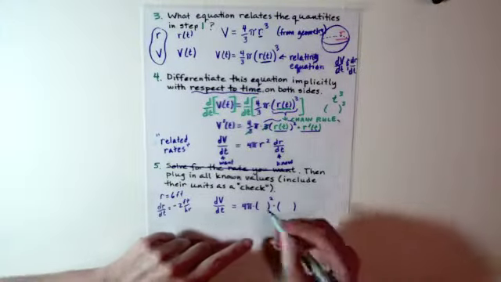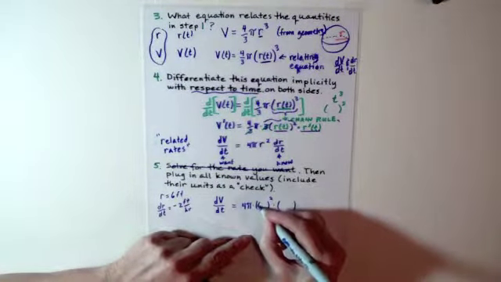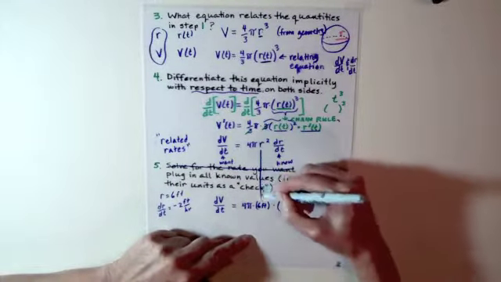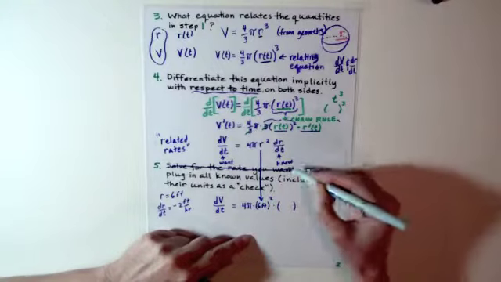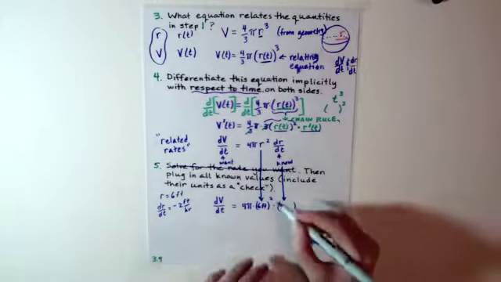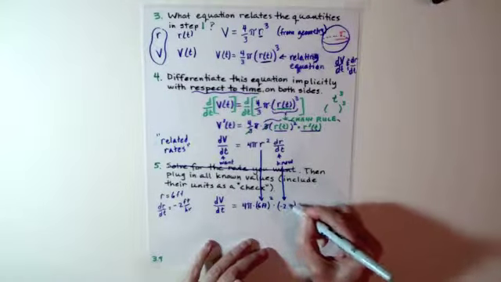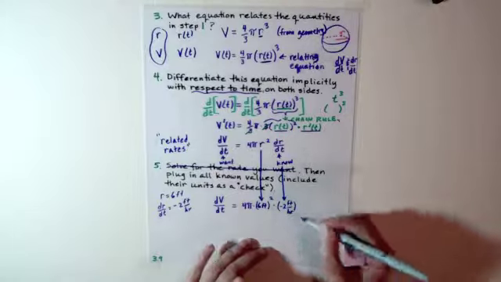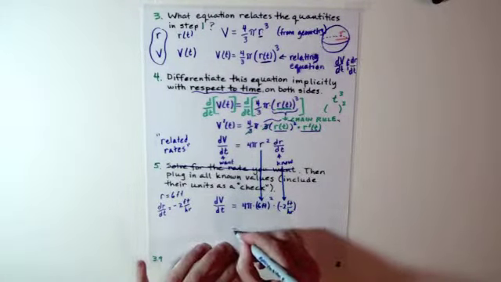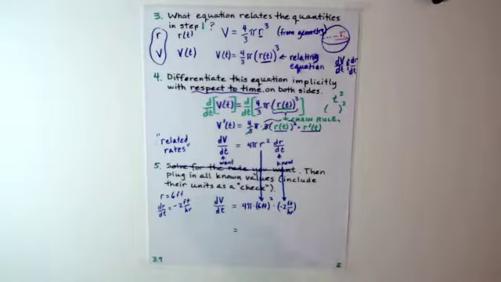So I'm going to put in 6 feet for r. So that's plugging in for r. And dr/dt was the rate that we were given. We were told that was -2 feet per hour. And I've included the units here, and I do that to make sure at the end that the units make sense, and it works as sort of a check that I've probably done the problem correctly.